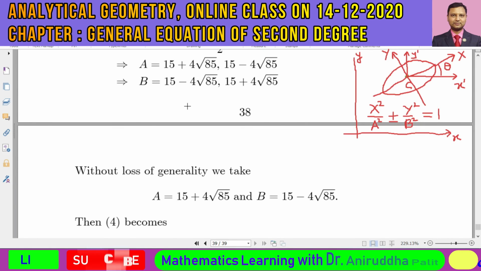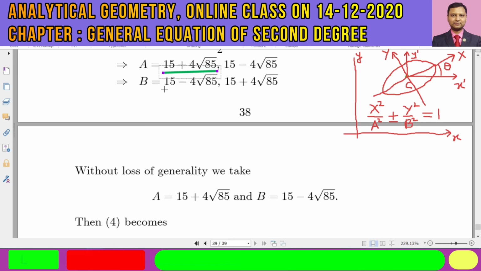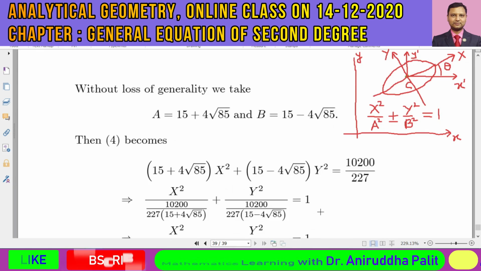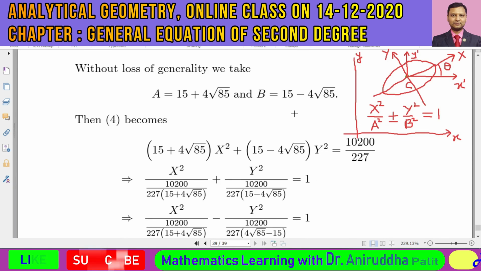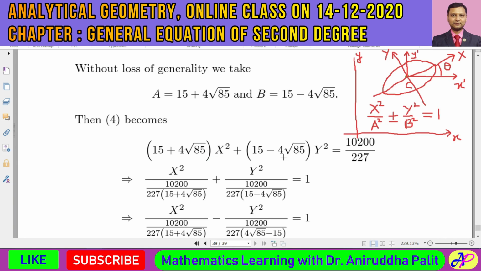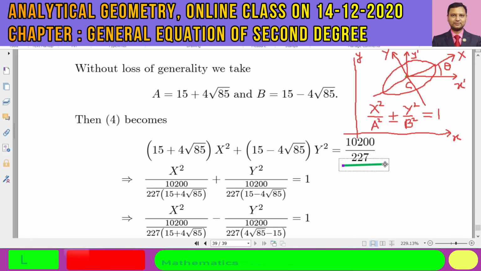That means this value for capital A is actually the coefficient of x square, and this value of capital B is actually the coefficient of y square. So if we choose the values of capital A and B in this way, we have capital A into x square plus capital B into y square, and the constant term is there on the right hand side.